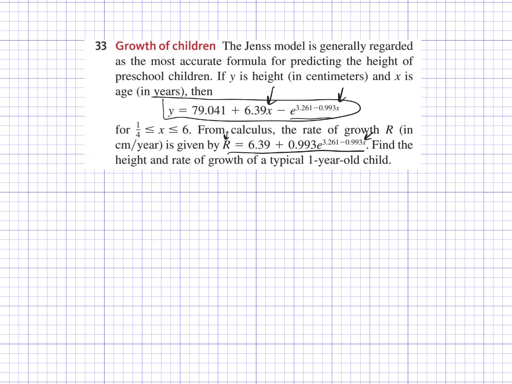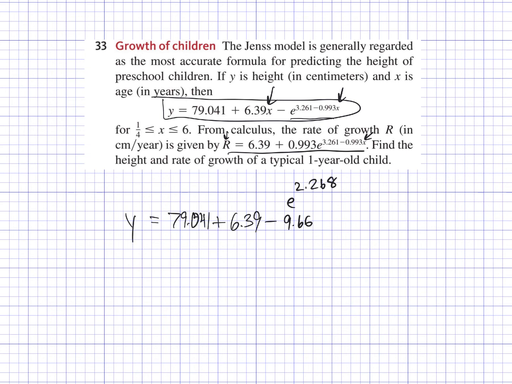So 3.261 minus 0.993 times 1 is 2.268. So we're going to do e to the 2.268. e to that value is 9.66. Now 6.39 times 1 is 6.39, and the 79.041. So that's going to be the height.